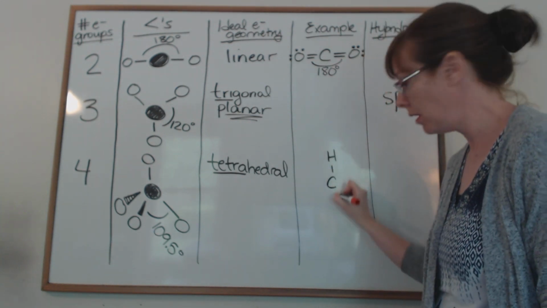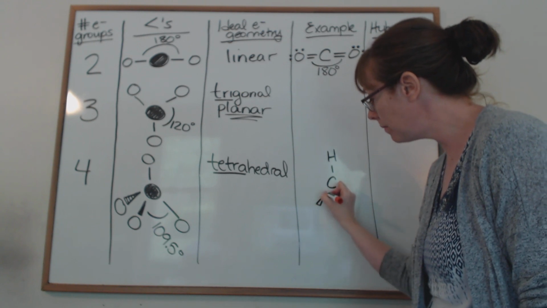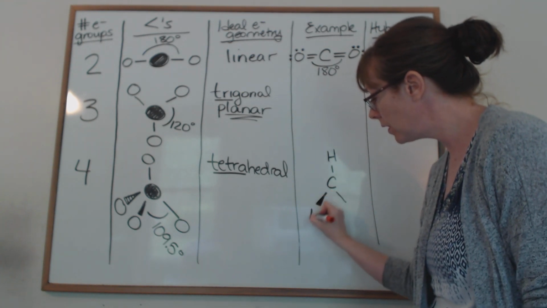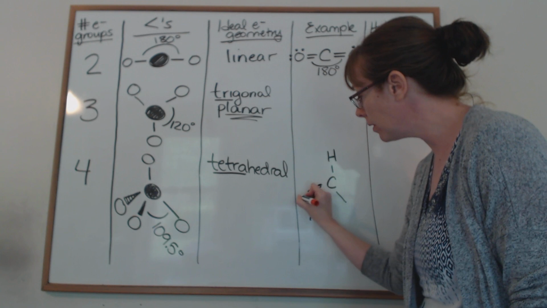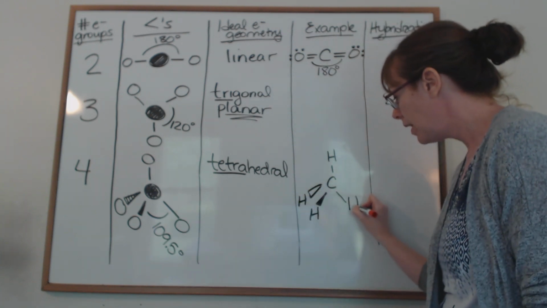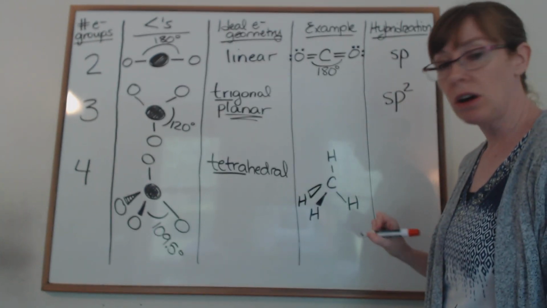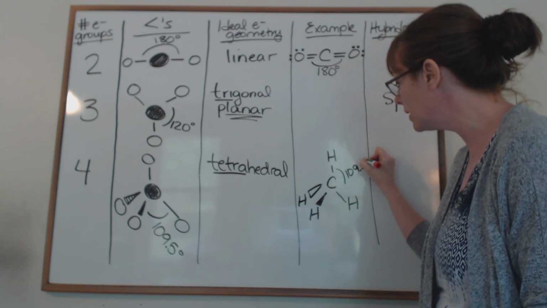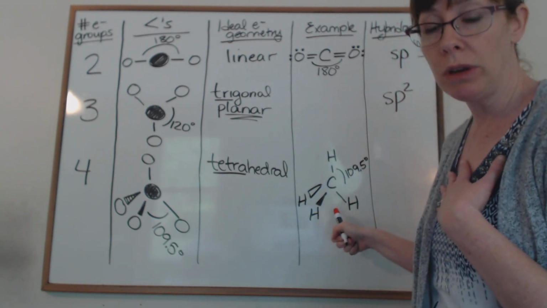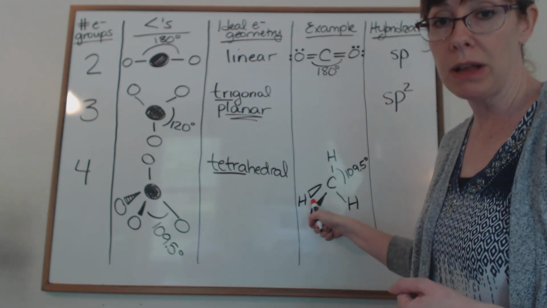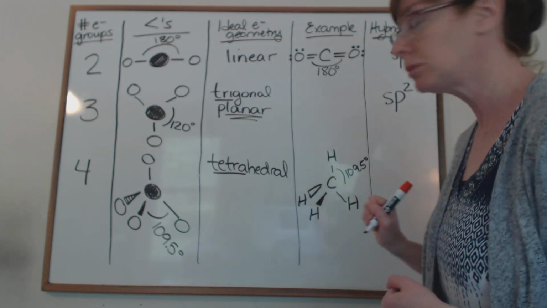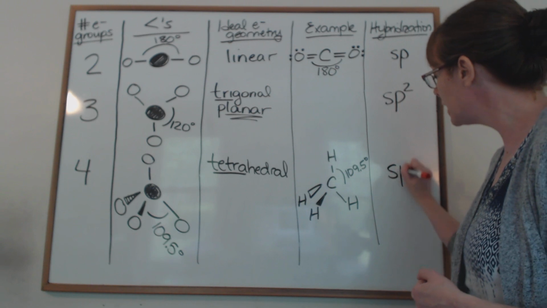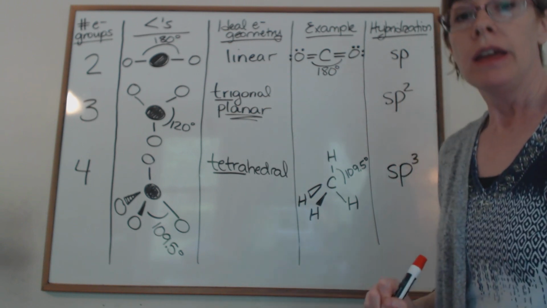The way that you would draw your VSEPR model is like this: 1 up, 2 down, maybe one of them kind of facing forward, and one of them facing backward. Technically, because all the angles are the same, you can label any angle 109.5 degrees, and anyone looking at it would know that it applies to all the bond angles. The type of hybridization is sp3.